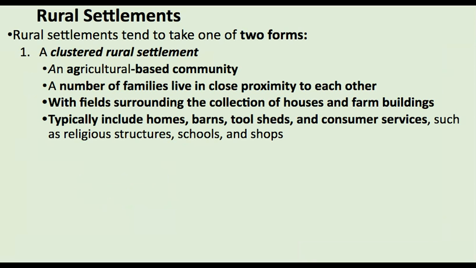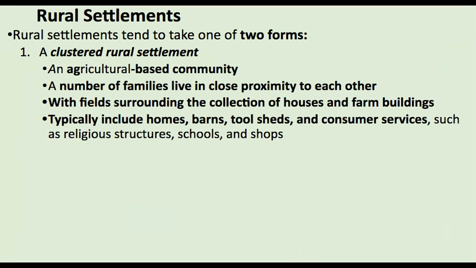In a clustered rural settlement, a number of families are going to live in close proximity to each other, so they're going to be really close together. And then the fields that are going to support that agricultural based economy are going to be surrounding on the outside. There are collections of houses and farms and buildings. Typically, everything is kind of right on top of each other.